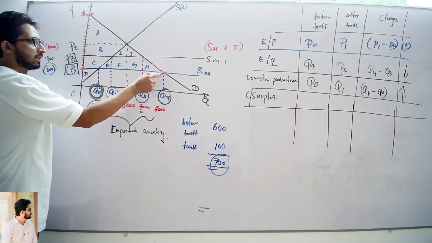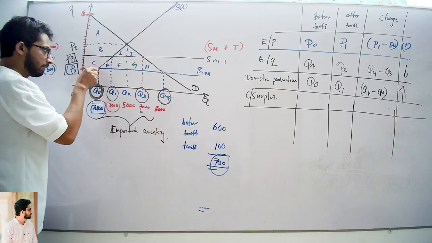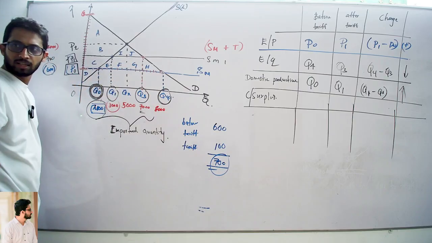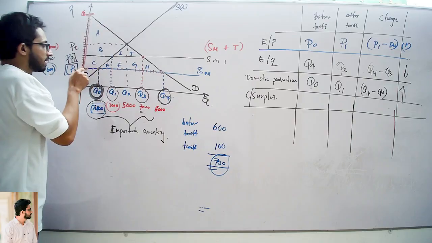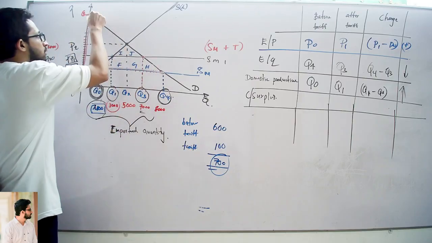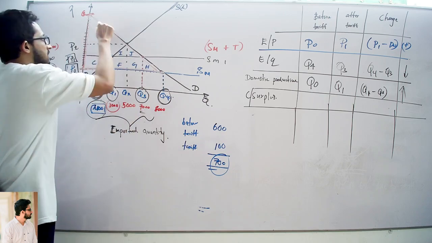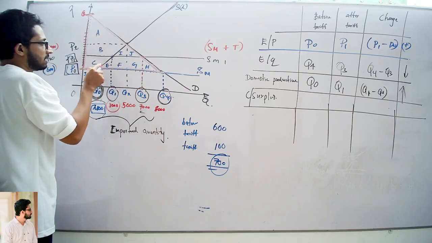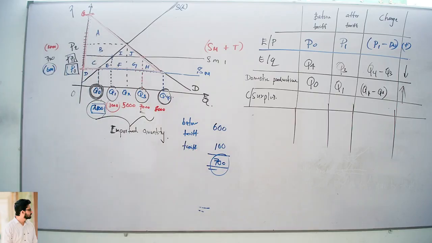This is the demand curve, this is the quantity, Q4. Then it makes a triangle. This distance must be multiplied by this distance, and that gives this large triangle. Clear? What are the letters? Consumer surplus before the tariff: A, B, C, F, G, H. Okay?